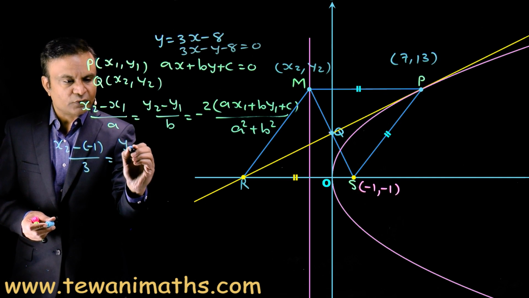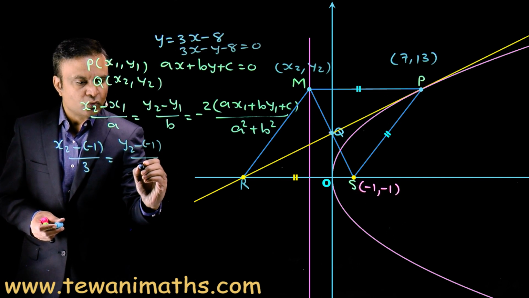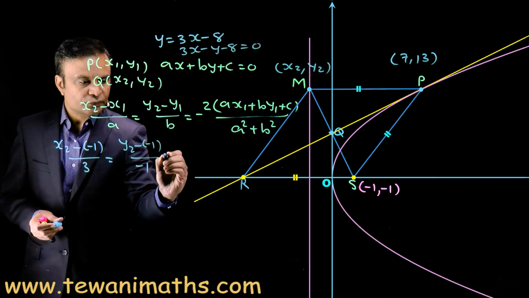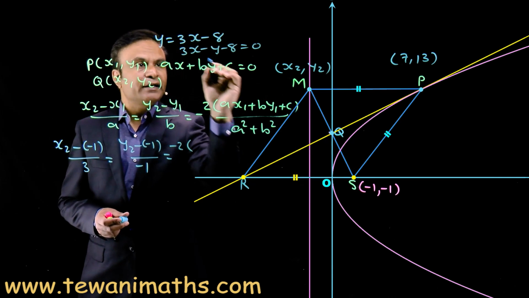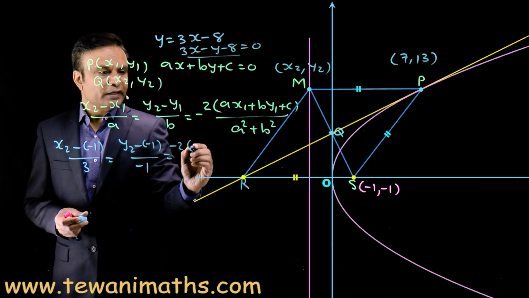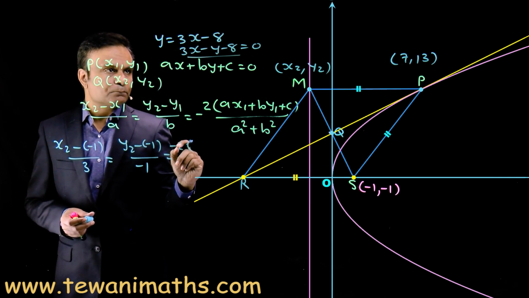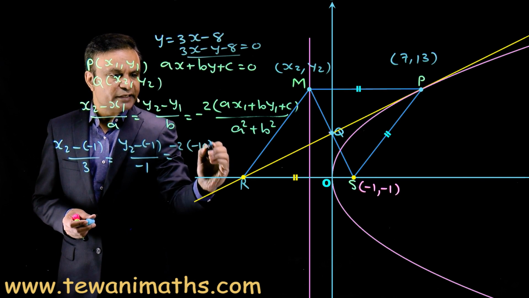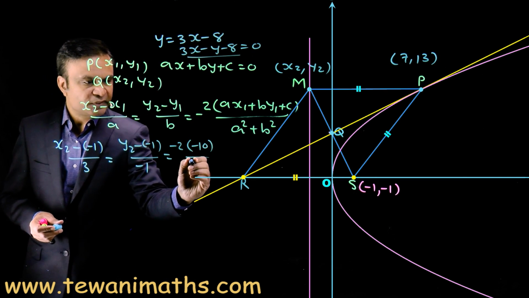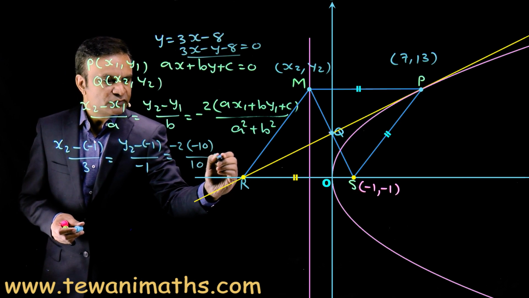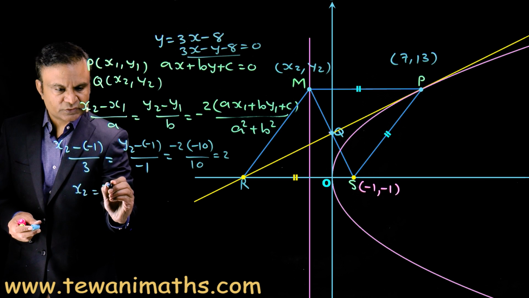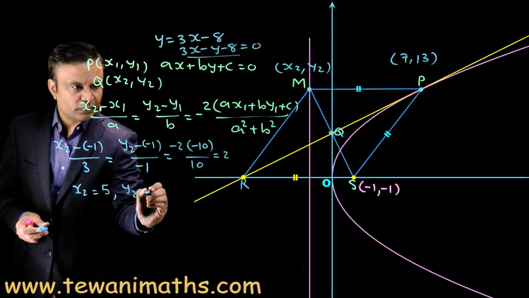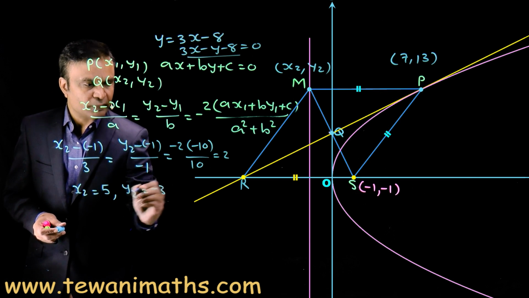This is equal to (y2 - (-1))/(-1), where -1 is the coefficient of y, equal to -2 multiplied by, putting this point in this expression, (-3 + 1 - 2 - 8) = -10 over a^2 + b^2, which is 10. So this ratio is 2. From this we get x2 = 5 and y2 = -3.